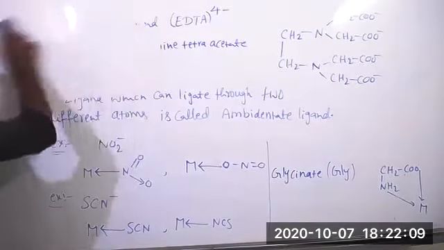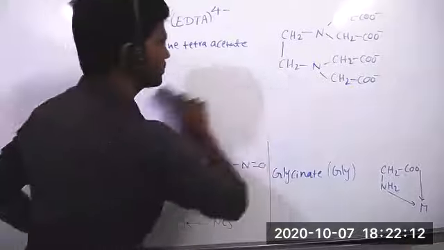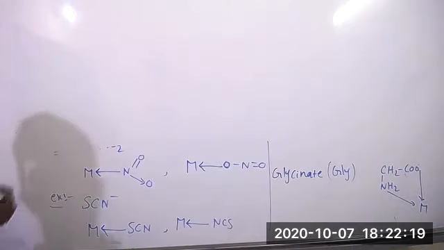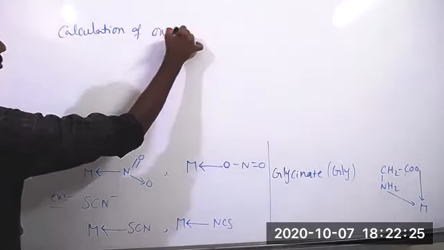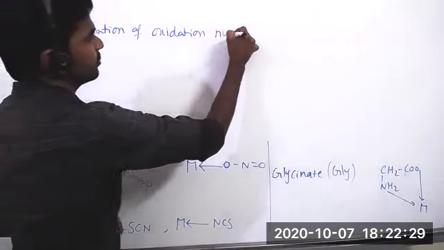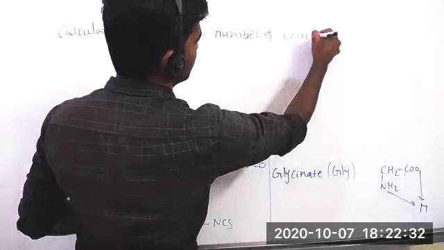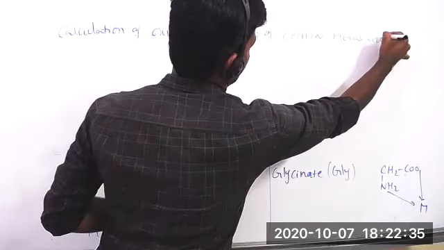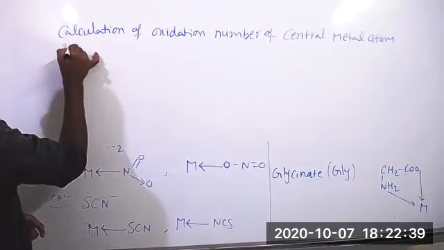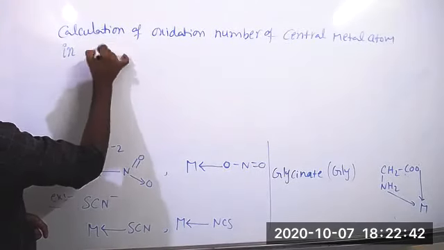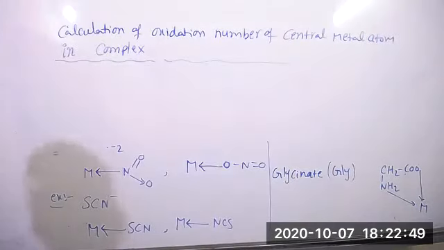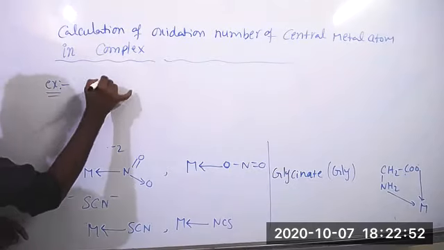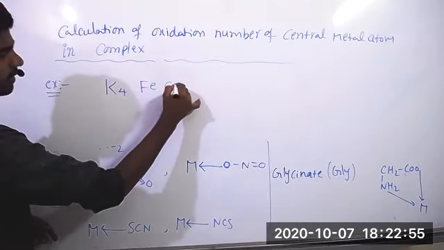Now see how to calculate the oxidation number. So first example, K4[Fe(CN)6].